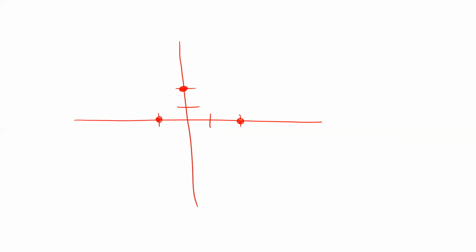Do we have any vertical asymptotes? Yeah, this is the vertical asymptote one. I'm just doing this so I don't have to go back and forth between graphs. Did I get all the y-intercepts? Did I get all the x-intercepts?